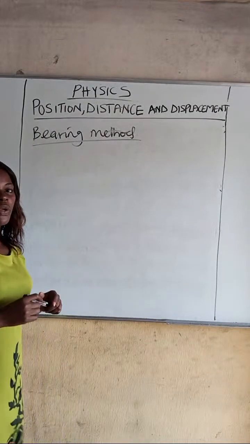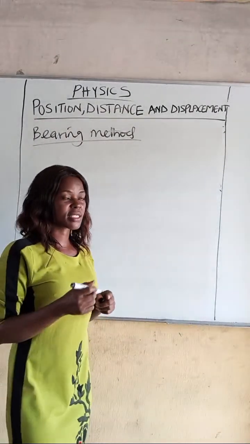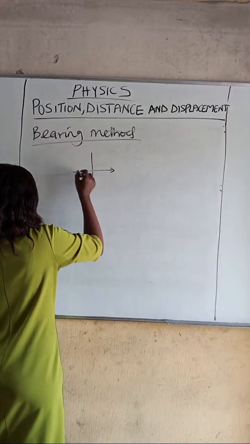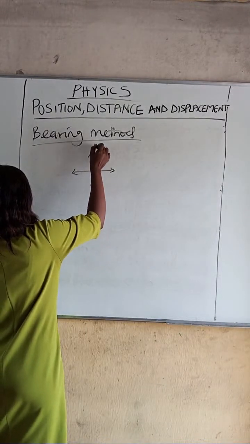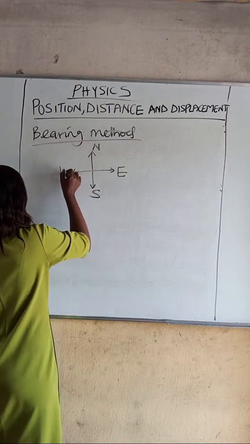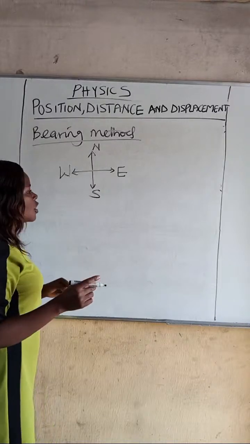In the bearing method, we are using the 4 cardinal points, which are north, east, south, and west.